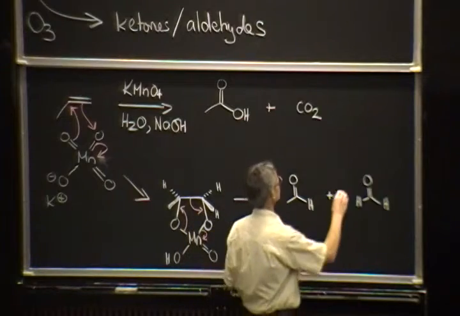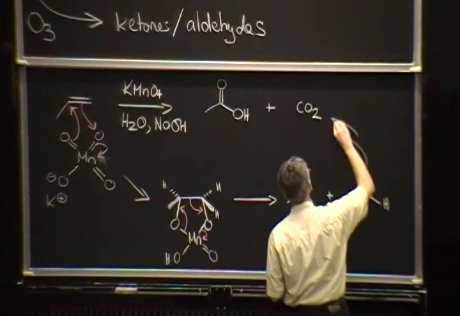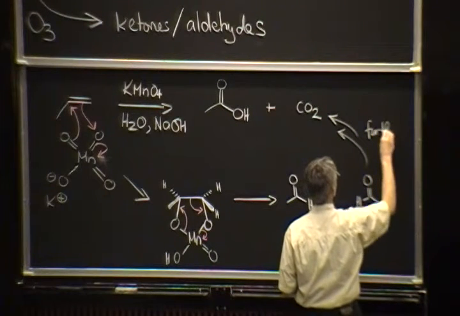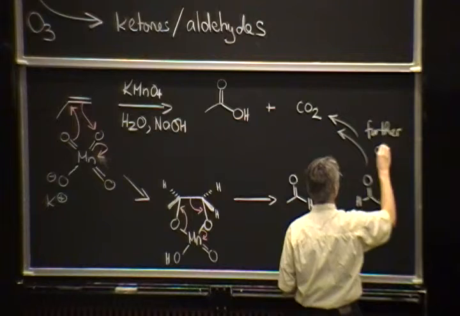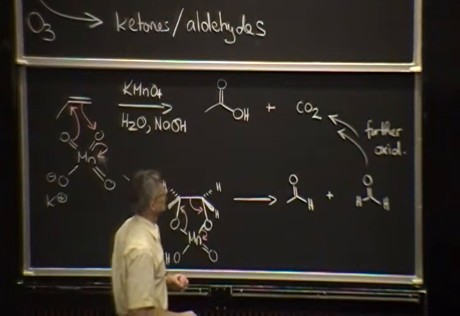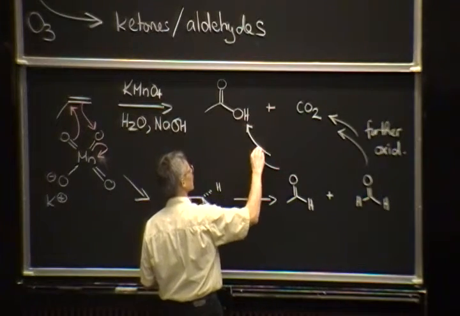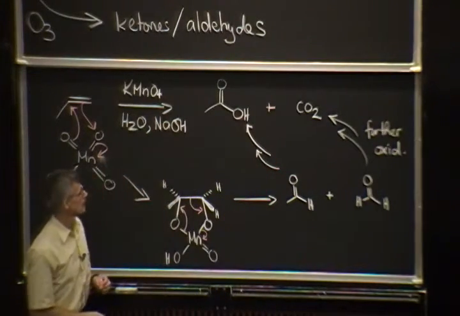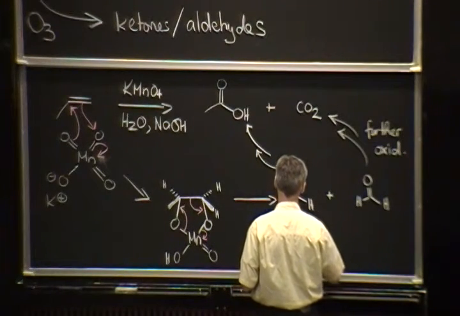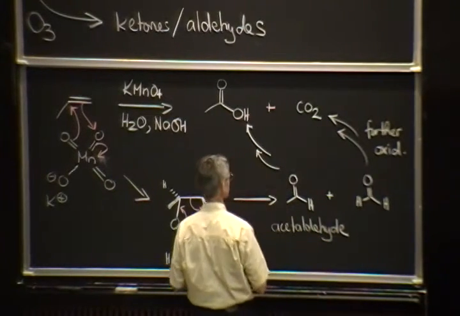And formaldehyde is further oxidized to carbon dioxide via formic acid. And as you can see, acetaldehyde is also converted to acetic acid.